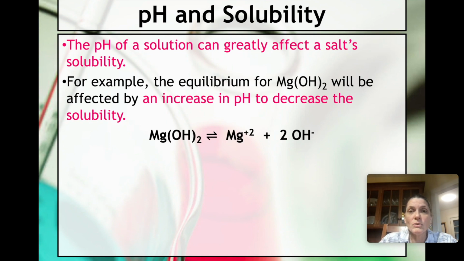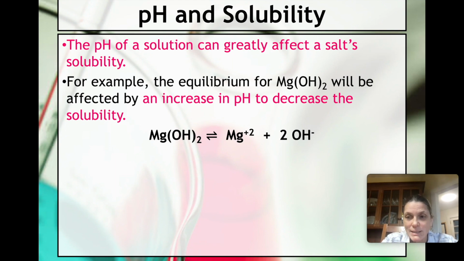Milk of magnesia contains magnesium hydroxide, which is very slightly soluble. So in solution, you get a dynamic equilibrium between the solid magnesium hydroxide and the magnesium and hydroxide ions. A hydroxide ion will change the pH. It's going to make it a base. As a matter of fact, OH is a strong base.